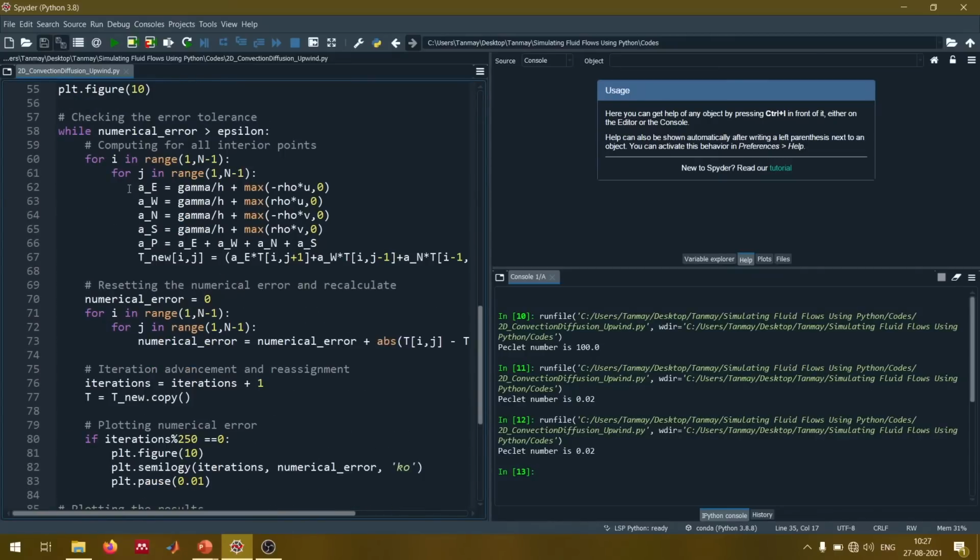The only difference is that I've slightly changed these 4 lines here. I have used the formulation that we have just derived. I have used the max function that takes care of the fact that these coefficients should always be positive.